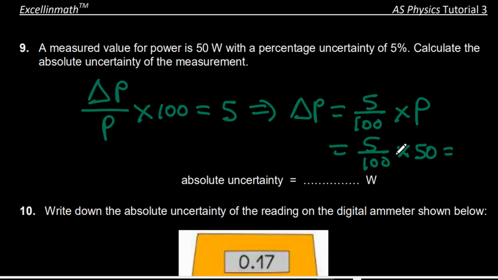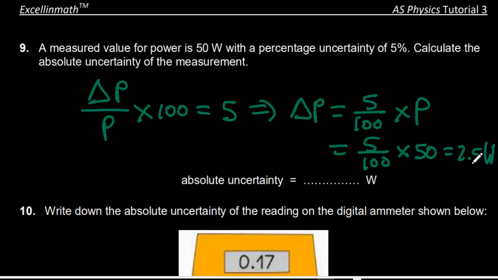On a calculator, this comes to 2.5 watts. Now we need to give it with the correct number of significant figures. The percentage uncertainty that we were given has one significant figure. So our answer here for the absolute uncertainty must also be with one significant figure.